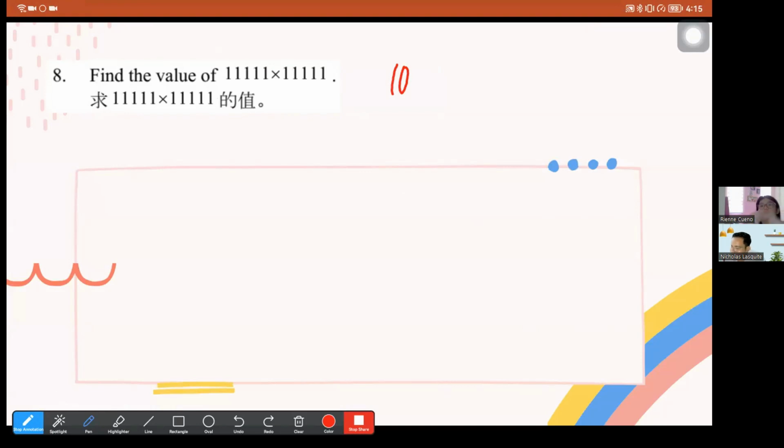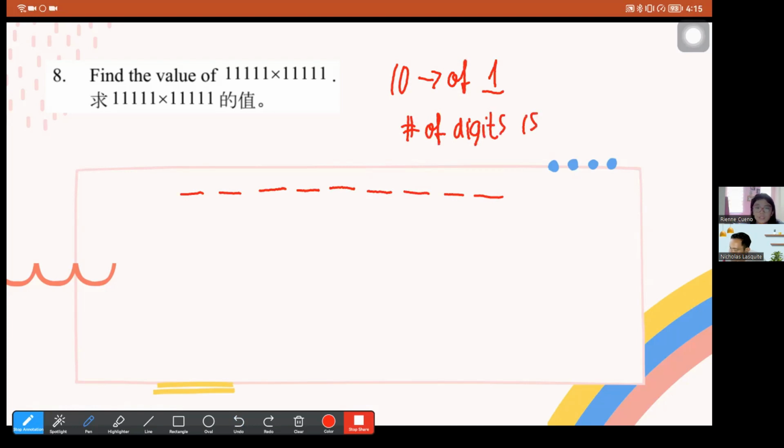Okay, there are 10 ones. So the number of digits is 10 minus 1, which is 9.